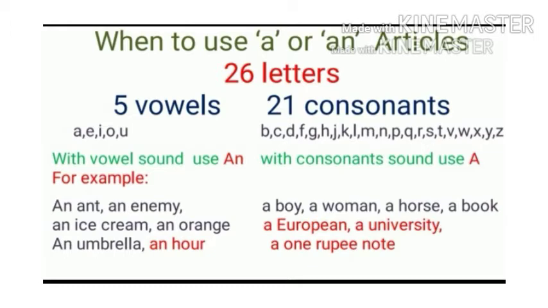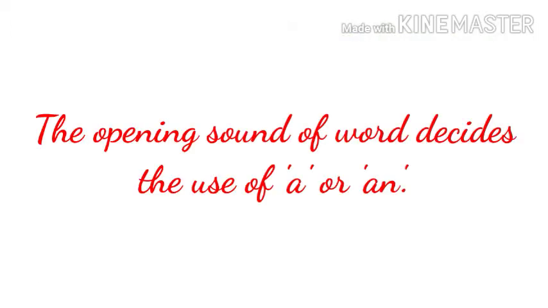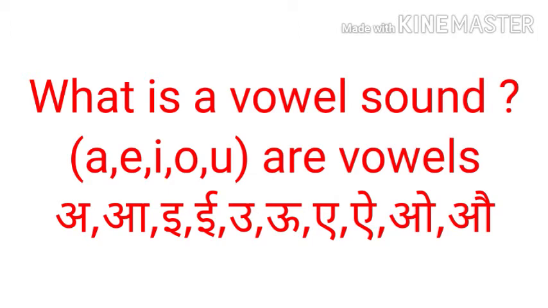Now remember, it's very important that the opening sound of the word decides the use of a or an. This you must have read in the previous classes also, that if the sound is a vowel sound. What is a vowel sound? A, E, I, O, U are vowels, right?